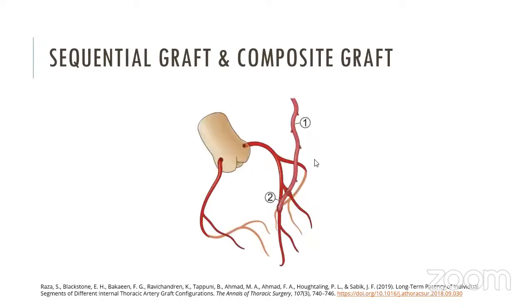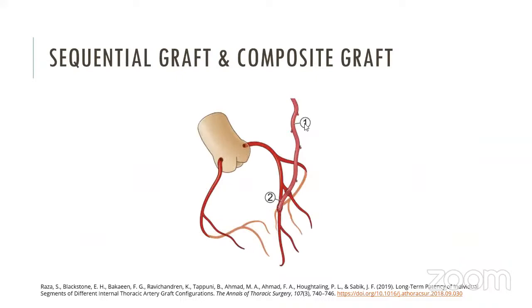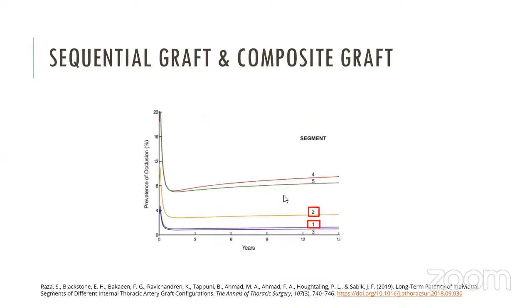So when you take sequential grafting, you can see this is the one prior to the sequential graft, and this is after. Obviously there is a reduction within the segment after the sequential grafting, but the rate of occlusion is around 4%, which is significantly better than venous grafts.